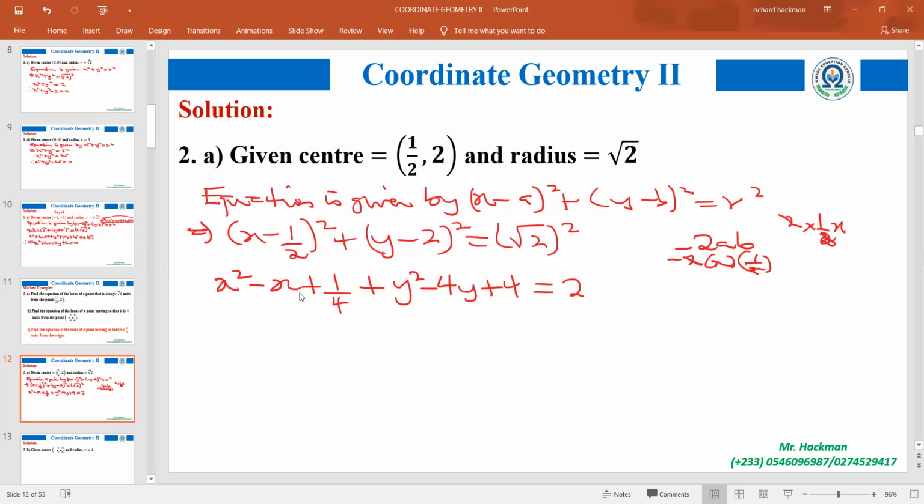Okay, so here, this is what we are going to do. We are going to rearrange and collect like terms. But before rearrangement, this is what I want you to do. Anytime you see a fraction in your equation, remember your final equation cannot contain a fraction. So immediately you see a fraction, clear the fraction.